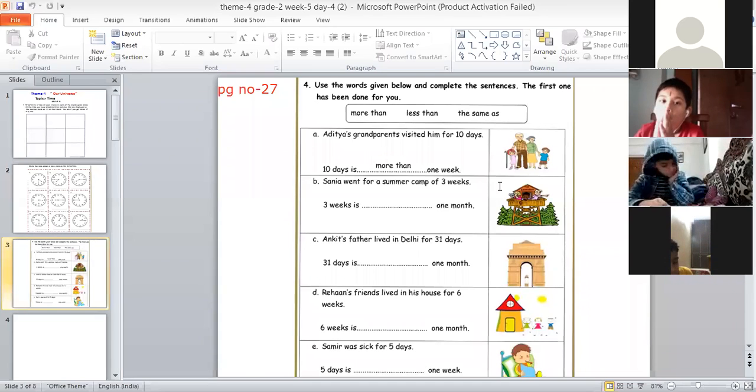Very good. That's correct. Children, remember this thing that there are 4 weeks in 1 month, and there are 7 days in a week. 1 week is equal to 7 days.